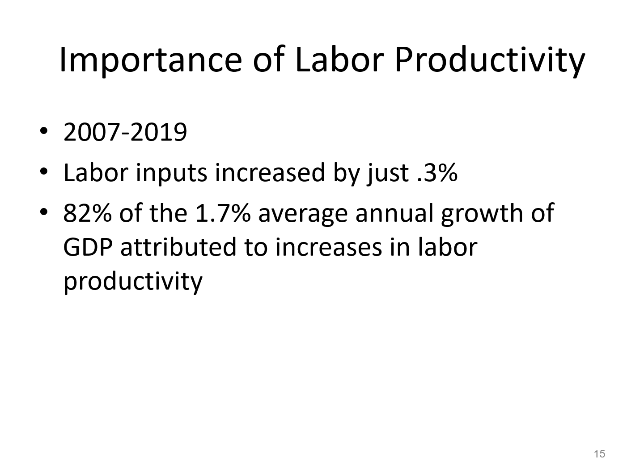Again, labor productivity measures average output per hour of labor inputs. Between 2007 and 2009, labor inputs increased by just 0.3%. Therefore, over that time frame, 82% of the 1.7 average annual growth of GDP can be attributed to increases in labor productivity.